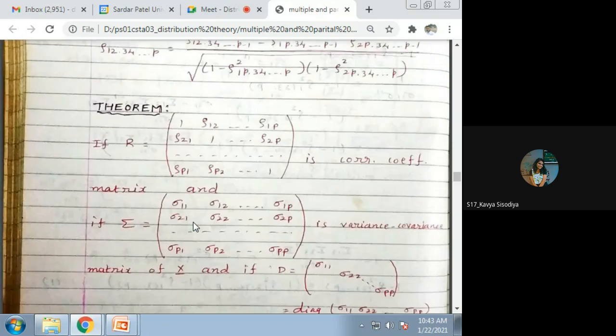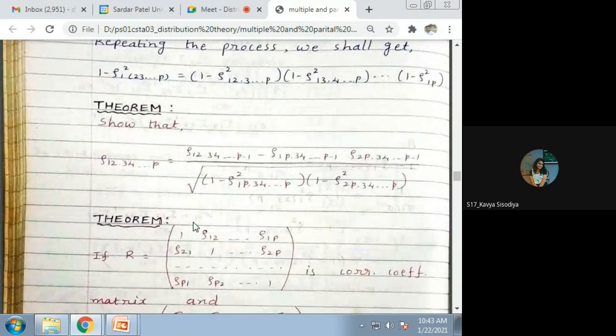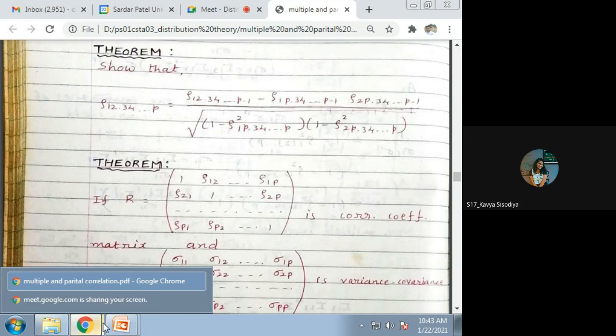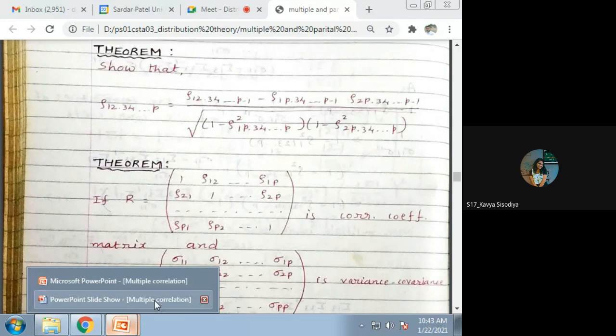Okay, now one more thing: suppose the correlation coefficients are given. Let us first write the variance covariance matrix.